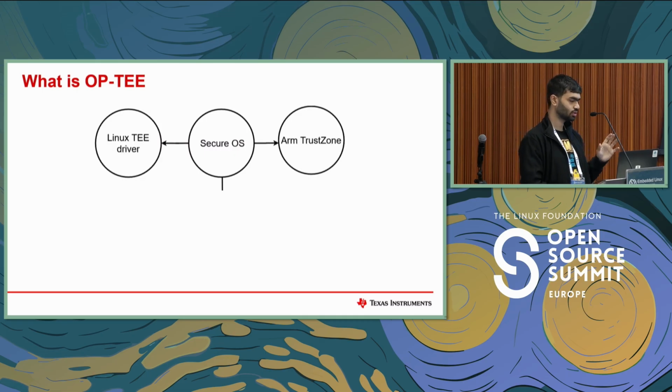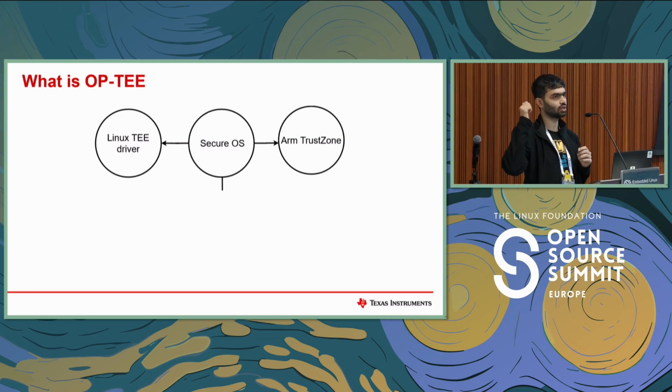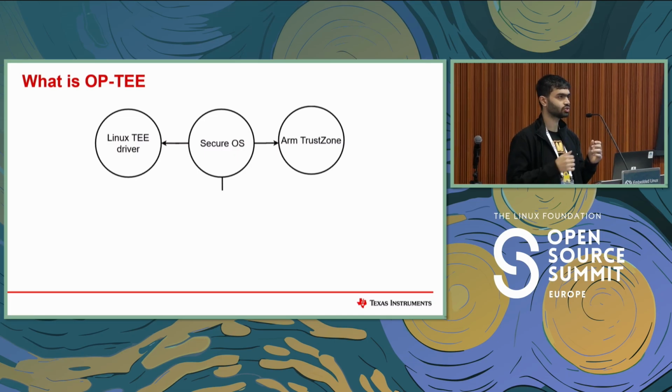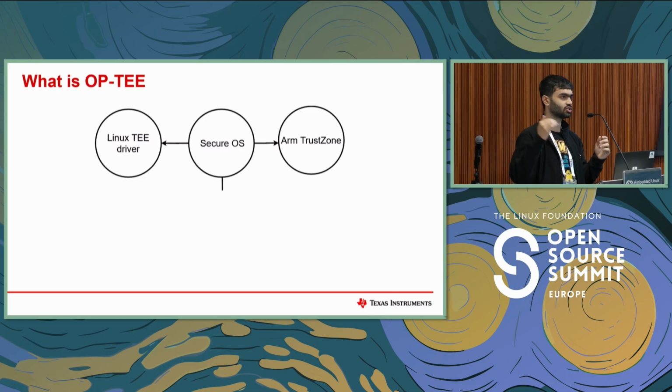So with ARM TrustZone, the secure operating system has to communicate to the non-secure world. It needs an interface. So we have interfaces at each level that I showed in the TrustZone. It uses a Linux TEE driver as well to go through the flow and communicate. Now, how do you communicate?